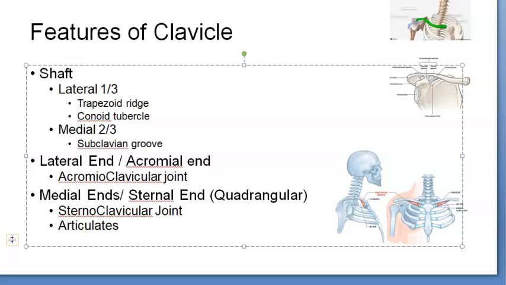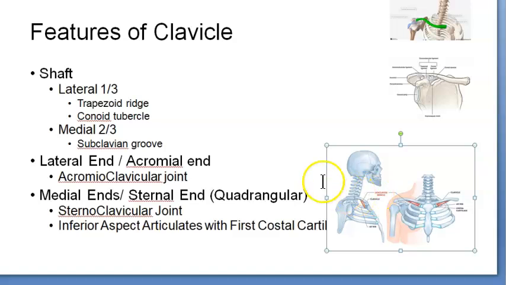Inferior aspect will articulate with first costal cartilage. Does it articulate with the first rib? No. It articulates not with the rib, but with that costal cartilage, because at the end of the rib, what do you have? You have cartilages, okay. Inferior aspect articulates with first costal cartilage, okay.